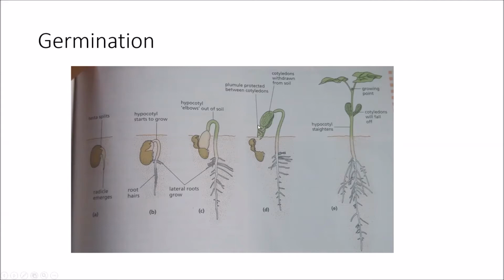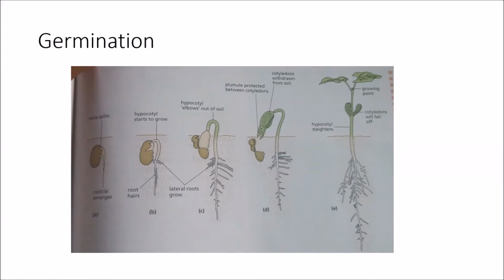Okay, so as it gets taller, the plumule will basically be in the downward position, and that's going to protect the leaves. Okay, so the next step is that the hypocotyl is going to continue to get a little bit longer. The plant is growing, and eventually the plant is going to assume an upright position, and the leaves are now going to be developed to the point where they can do photosynthesis.